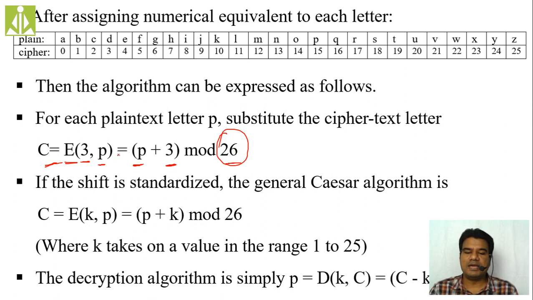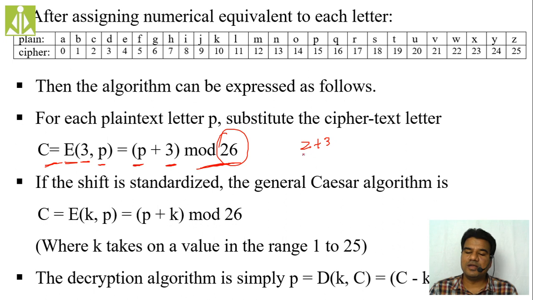Let us say my plain text character is Z. The purpose of applying this mod 26 I'm explaining now. What I have to do is move 3 positions down. In place of Z, I have to put the numerical equivalent of Z, that is 25.